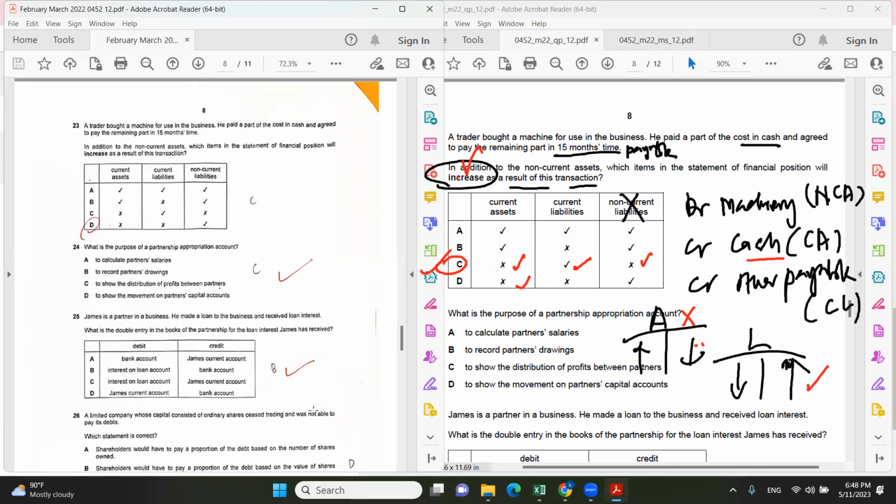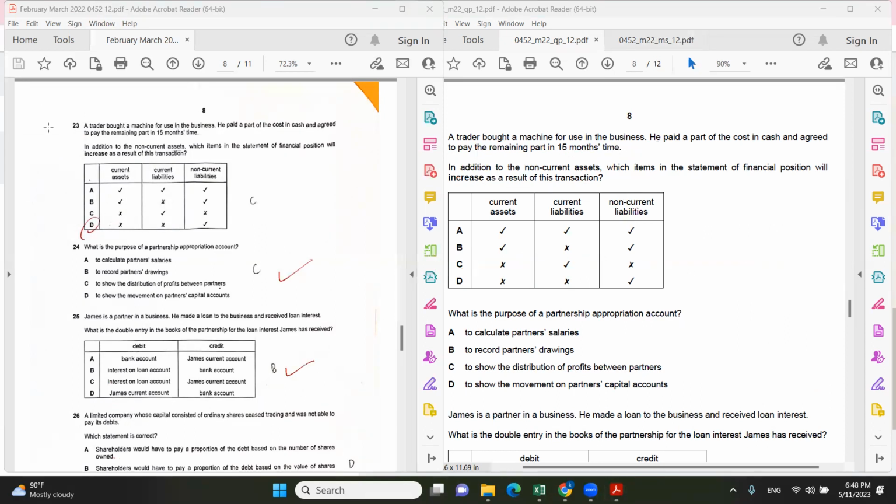Why is it D? A trader bought a machine for use in the business. So debit machinery. And then he paid a part of the cost in cash. So credit cash, and agreed to pay the remainder 15 months later.